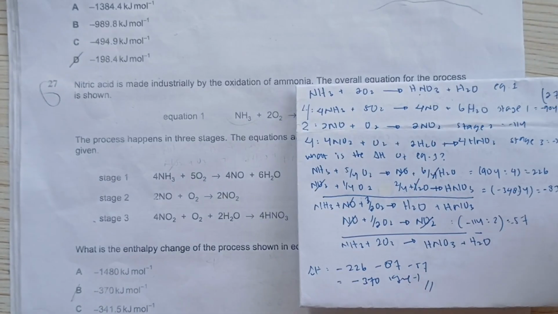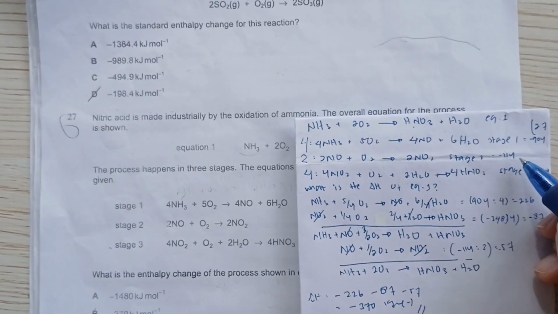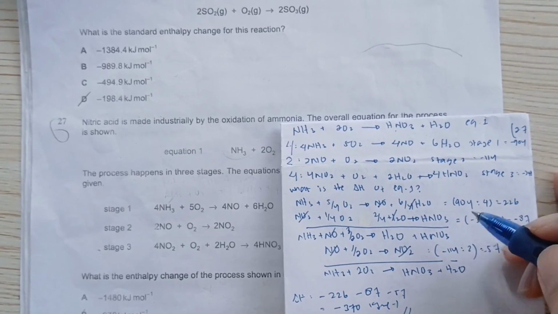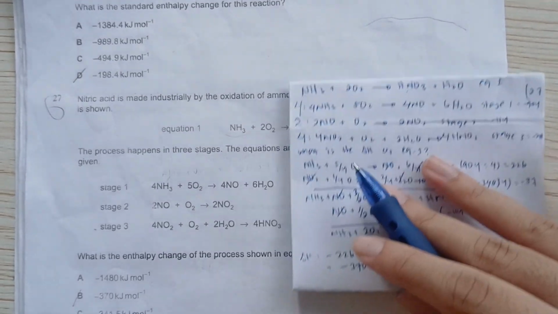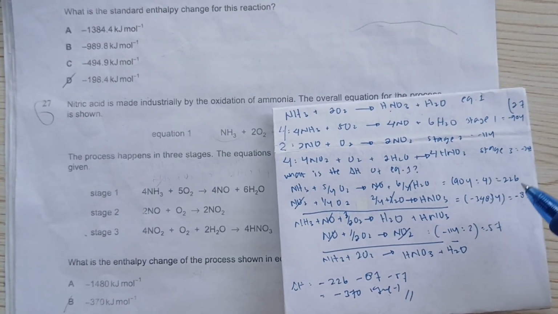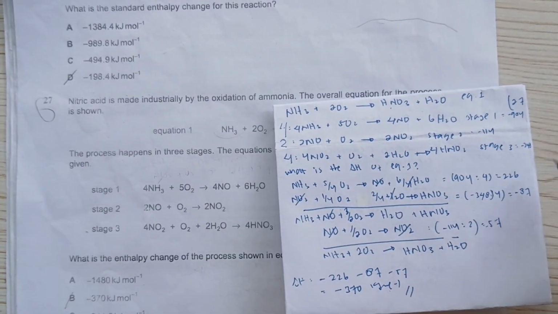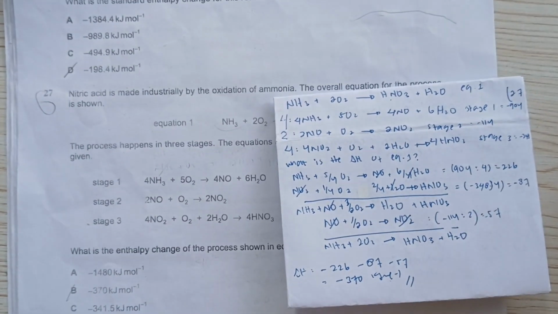And again and again, the enthalpy change has to be divided by 2 if the coefficient is divided by 2. And then we got the result. The enthalpy change is all the enthalpy changes already divided by 4 or by 2 added together, and the answer is minus 370.